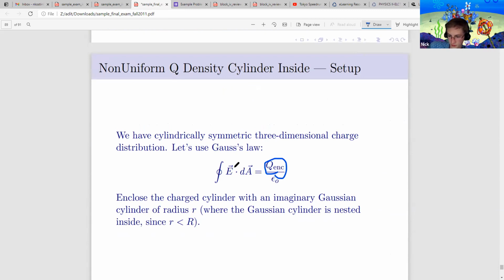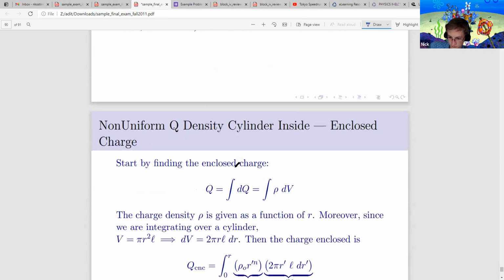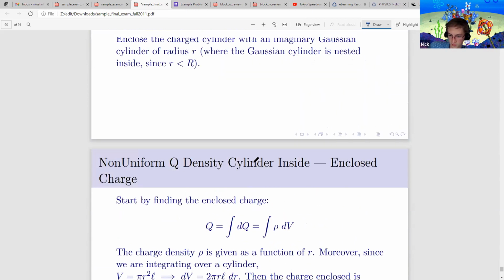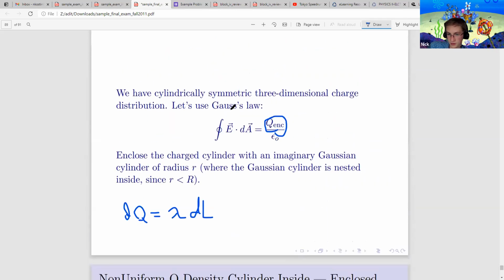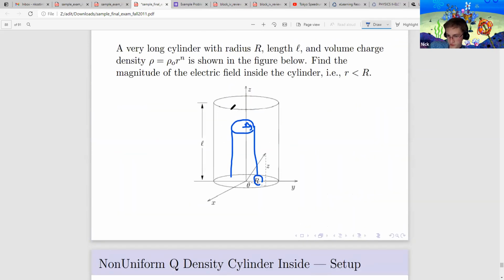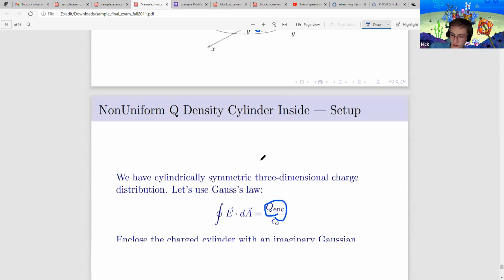And to find Q enclosed, I am going to go, so the last problem I worked through, it was dq is equal to lambda dl. That was for a 1D charge distribution. But for Gauss's law problems, it's almost always going to be a 3D charge distribution. And that's certainly the case here because I have charge distributed within a volume.